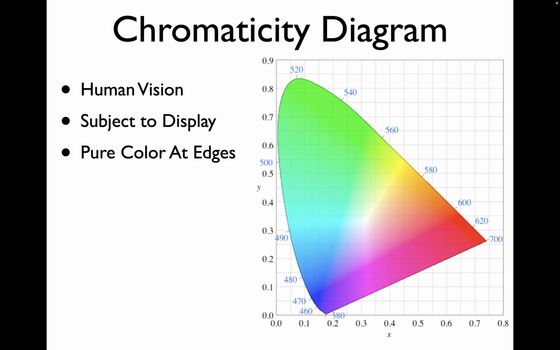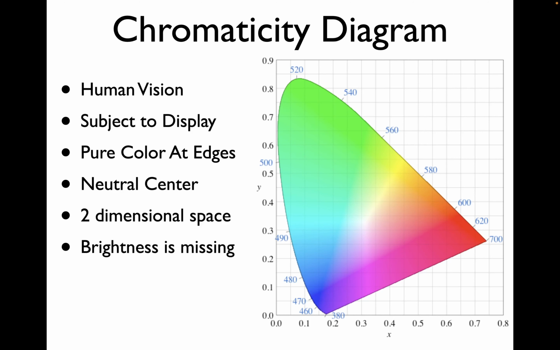The distance to actually saturate the blues and these magenta-y purples right here is not anywhere near as saturatable as it is for the greens. And then the reds are also far more saturatable than are the blues and the purples that are in that lower left-hand corner. So neutral's in the very center here. This is a two-dimensional space.